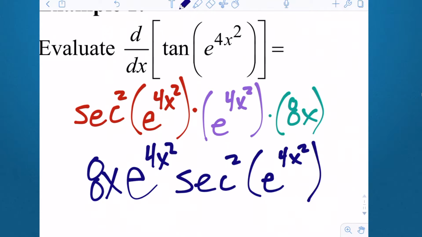And the final layer is the smallest factor. When we turn it around and write it in a nicer format, we have them in increasing order of size. We have the factor 8x, the smallest, e to the 4x squared, the next largest, and then the last factor is the biggest, bulkiest factor of all, secant squared of e to the 4x squared.